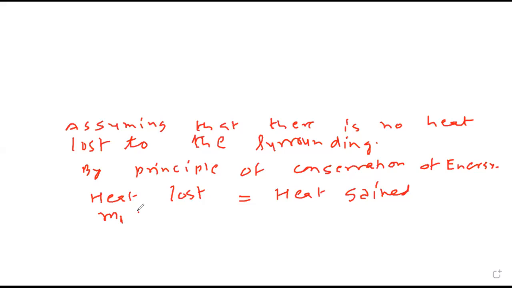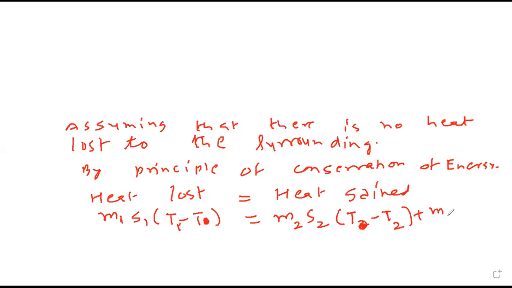Therefore, mass m1, specific heat s1, change in temperature T1 minus T of the hot solid equals mass of water, specific heat of water, change in temperature T minus T2. Here the final temperature is more, therefore initially it was at temperature T2.